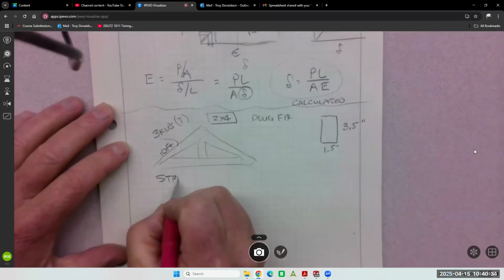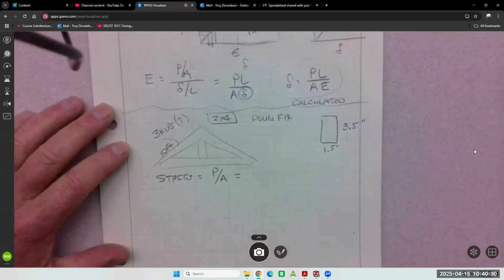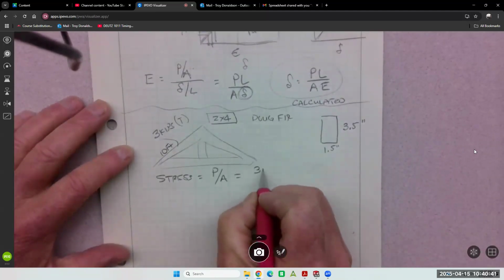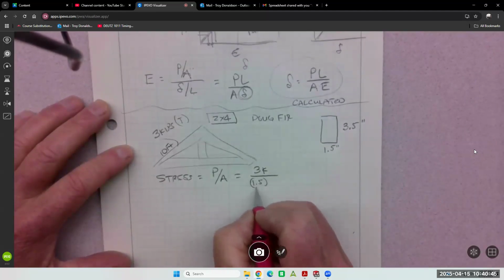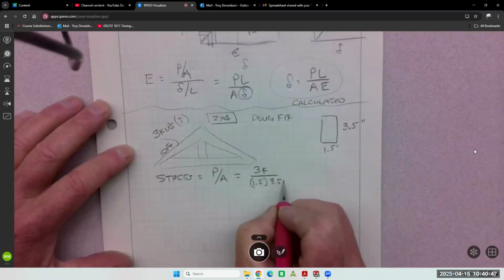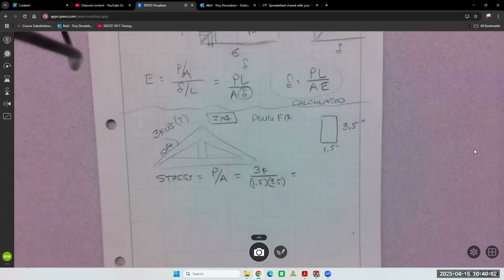And that equals P over A. What's our load? 3 kips. What's our area? 5.25. Perfect.